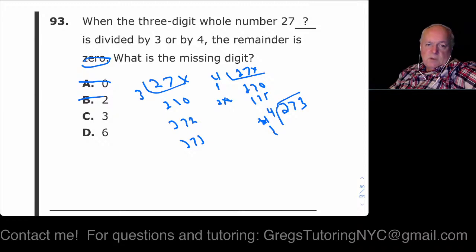We got 3 left over. And 4 does not go into there evenly without a remainder. So it's not 3. And that leaves us, if we did this right, that we're going to get 276. And I can either divide that by 6 or add up the sum of the digits, which is equal to 15. And I know 15 has that property, so that's good. But we can actually go do it if we want.